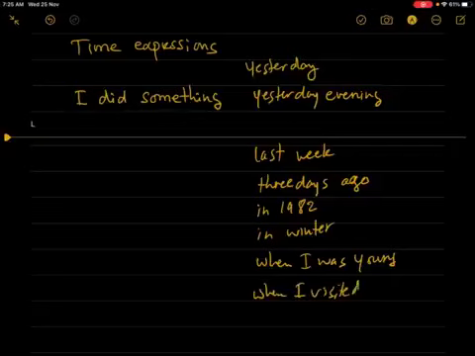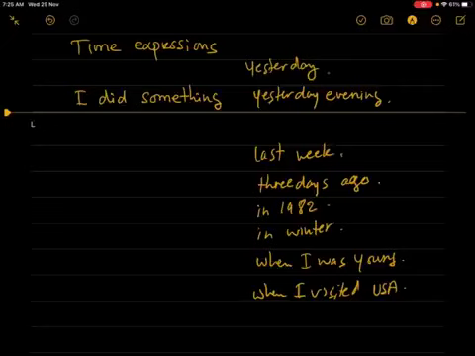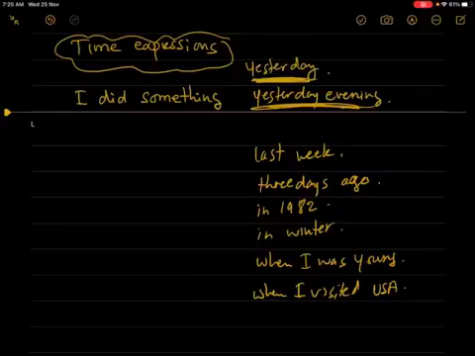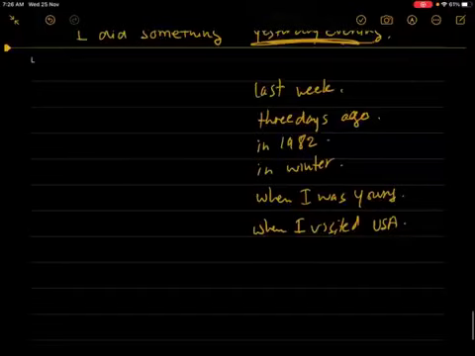Or I did something when I visited USA. You can see here every time I use a time expression. We use a time expression in order to specify the moment in the past in which the action was completed. Okay.